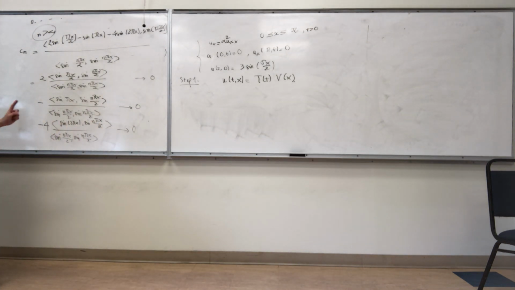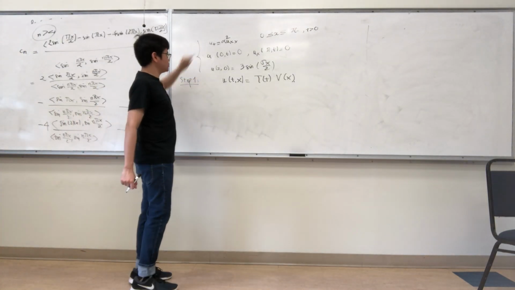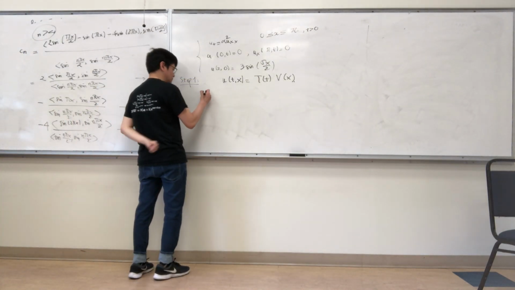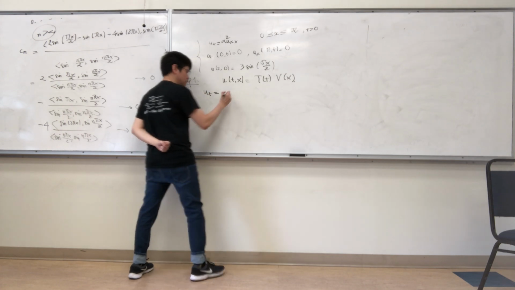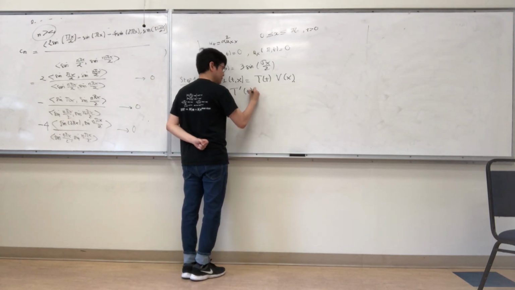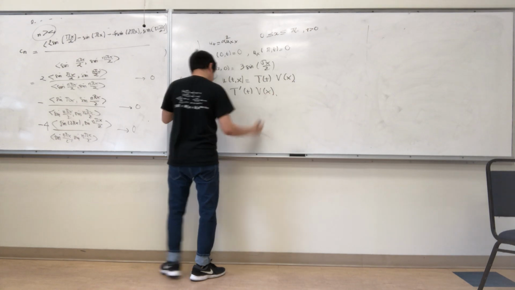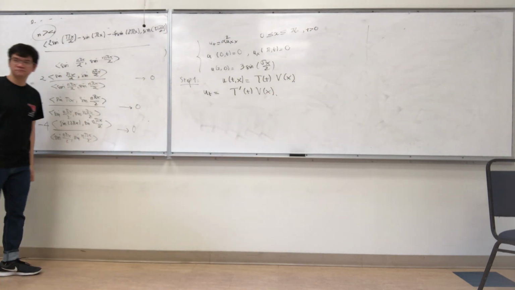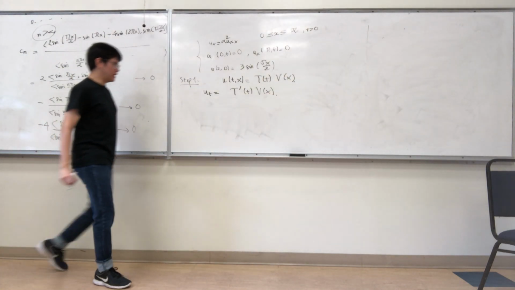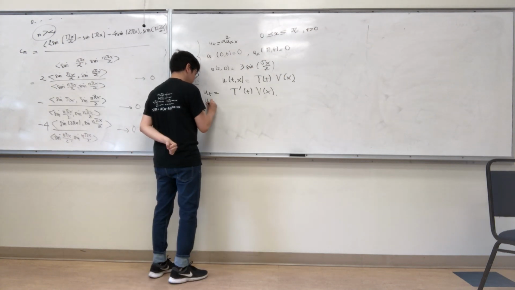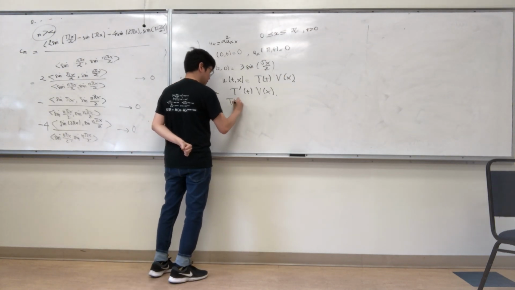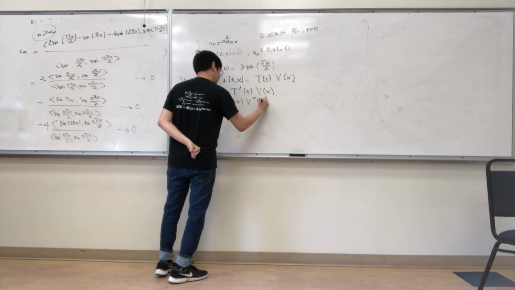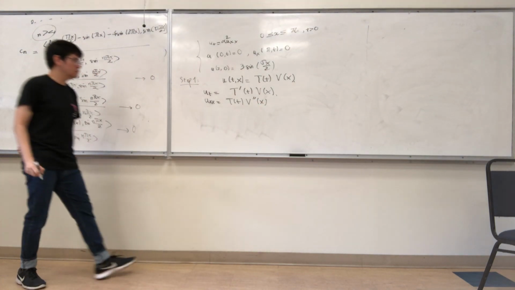The solution is the product of T(t) and V(x), two independent functions of x and t. I'm going to plug this back into the equation. So ut will be T prime of t times V(x), and uxx will give you T(t) times V second of x.